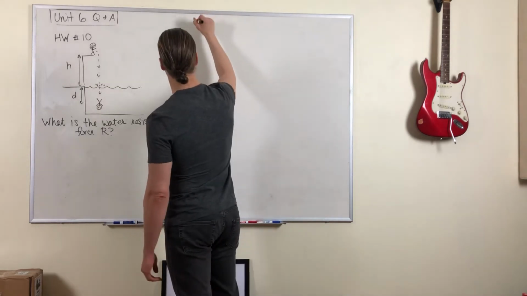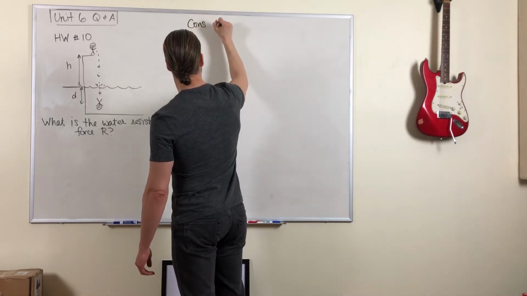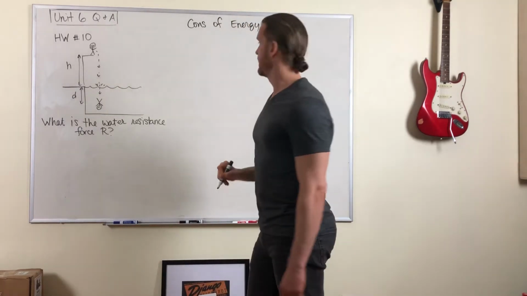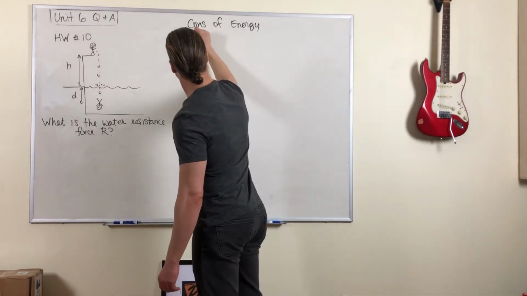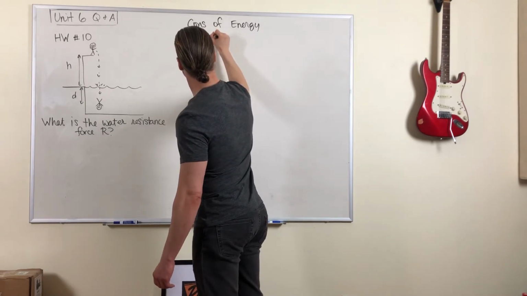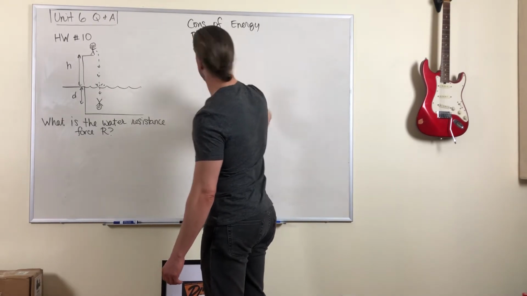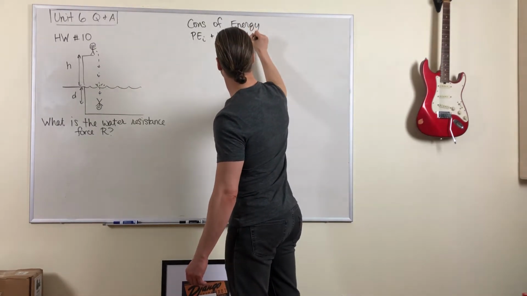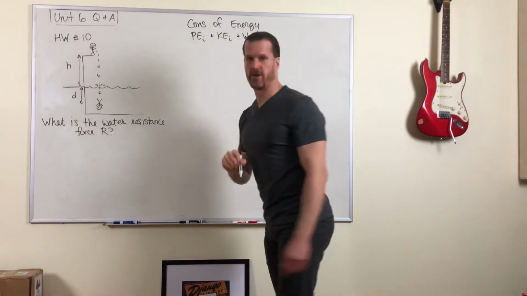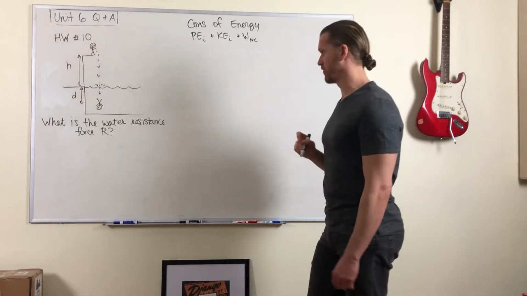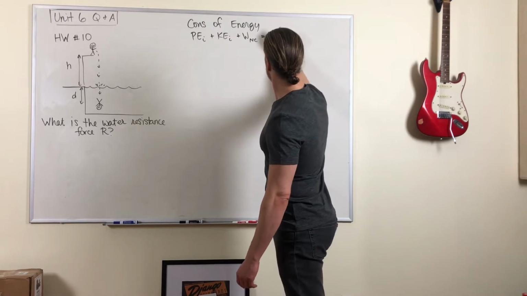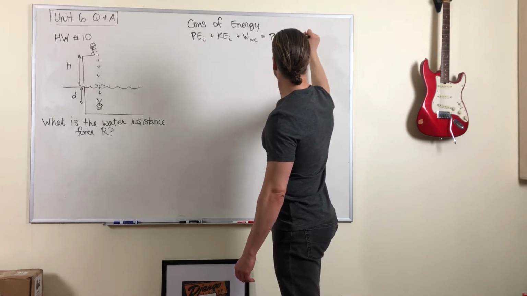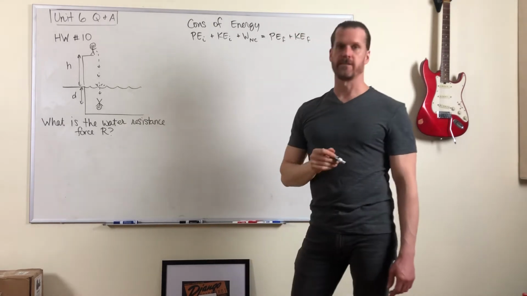So our conservation of energy equation looks like initial potential energy plus initial kinetic energy plus the work done by the non-conservative force, by this water resistance, equals final potential energy plus final kinetic energy.